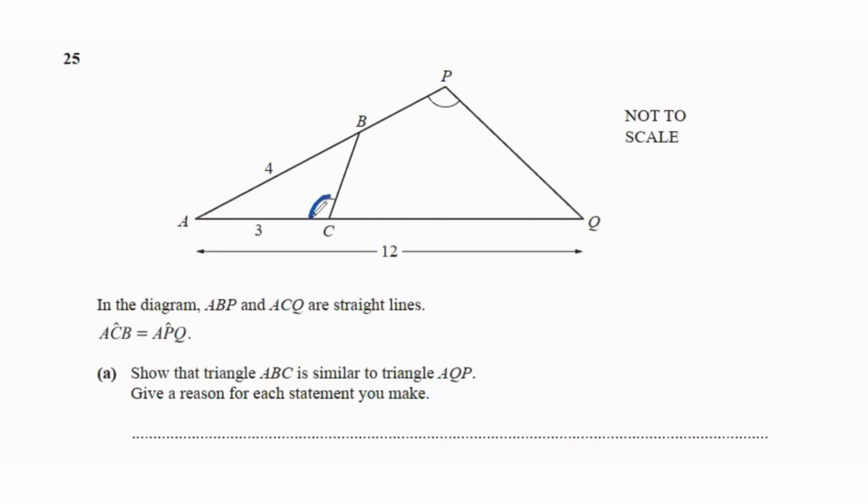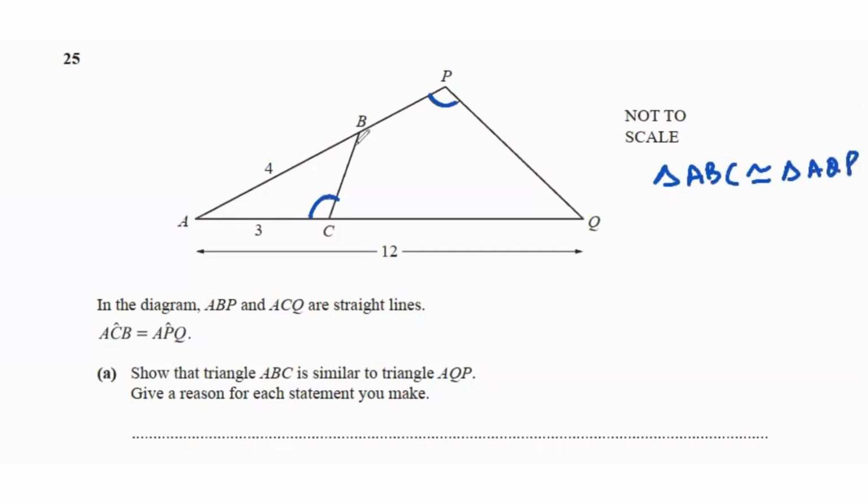So this is equal to this. ABP is similar to ACQ. That's triangle ABC similar to triangle AQP. That's what we have to show.